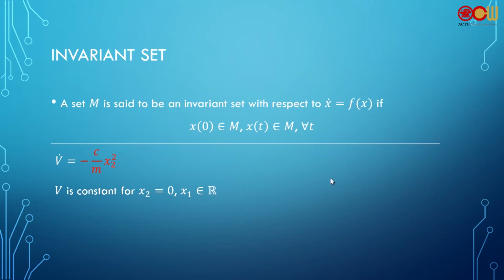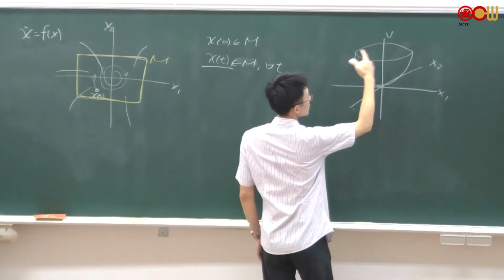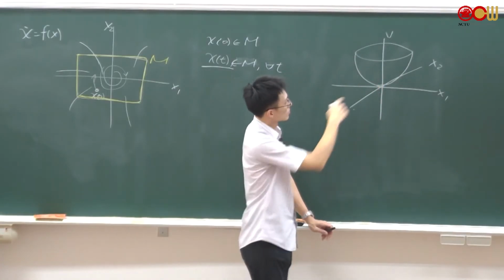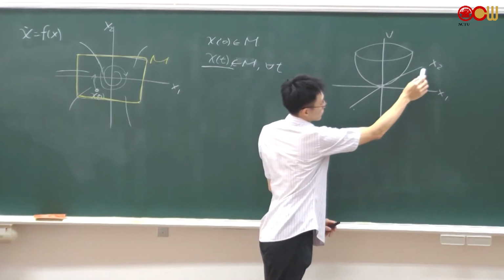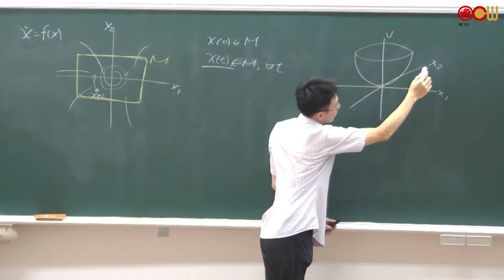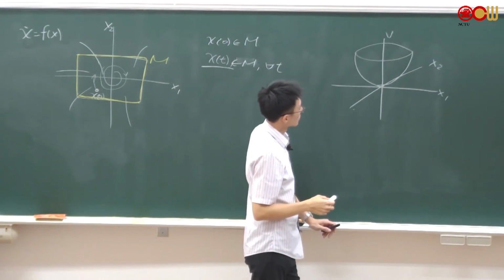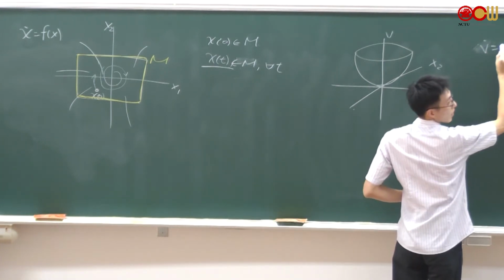We have V dot equal to minus c over m x2 squared. And this can be used to find the invariant set. For example, this is V, right? The height of this 3D coordinate is V. And the phase portrait lies in x1 and x2. So V dot is non-positive.